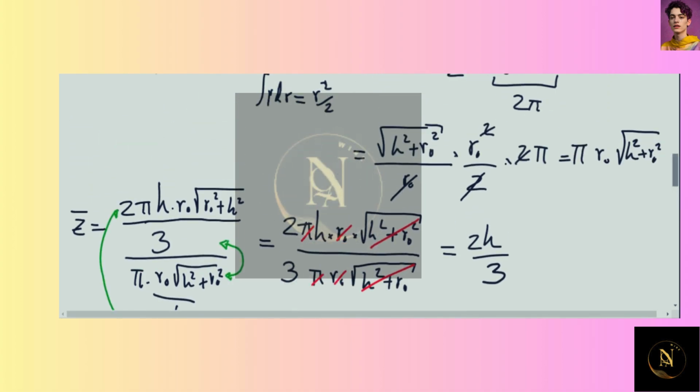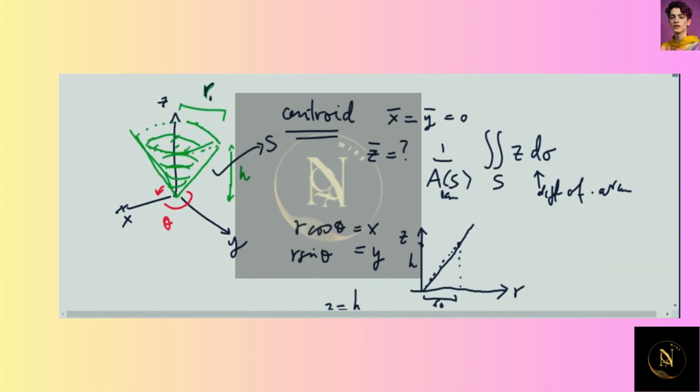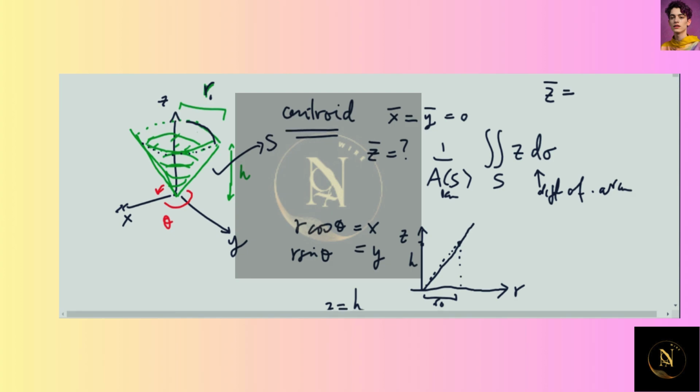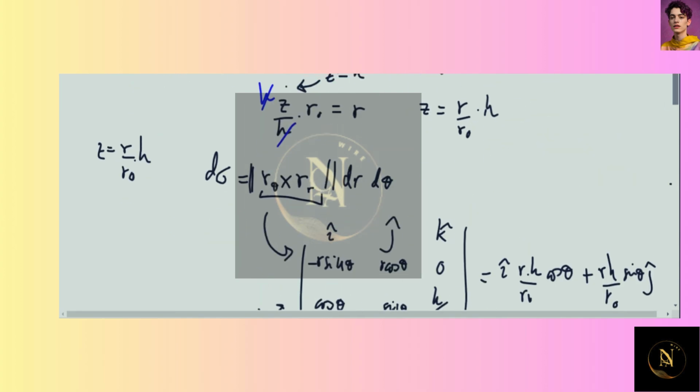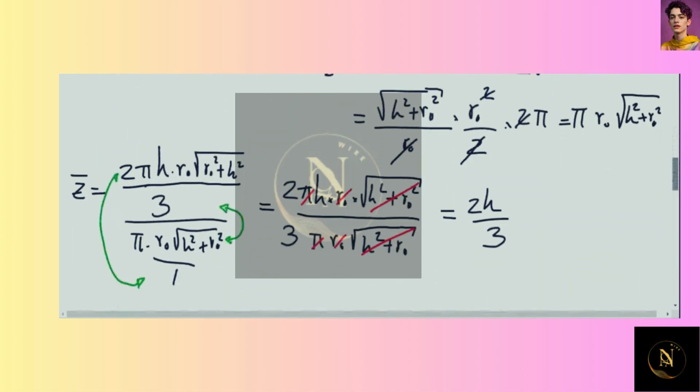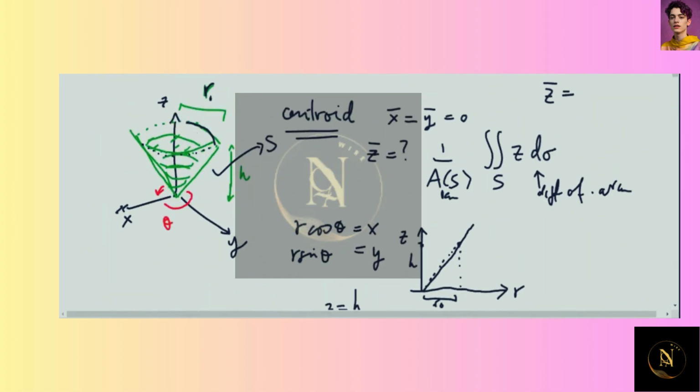But one thing to note is that that is if we place the cone with the base on top, so the average C would be 2H over 3, but with the base on top.